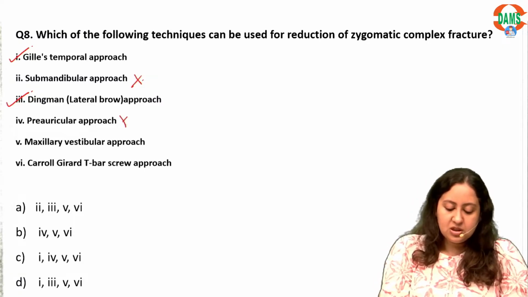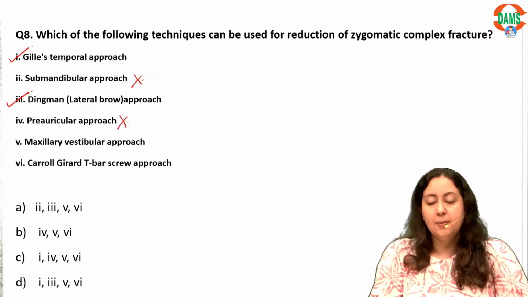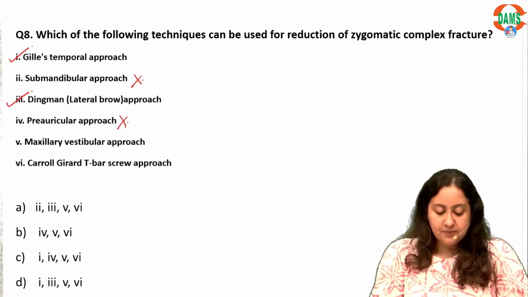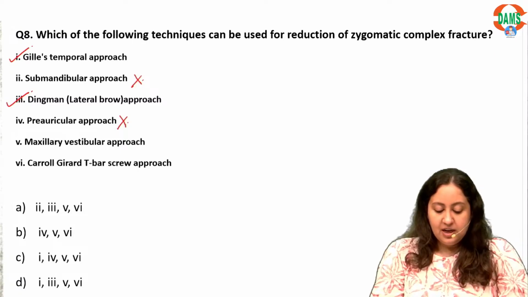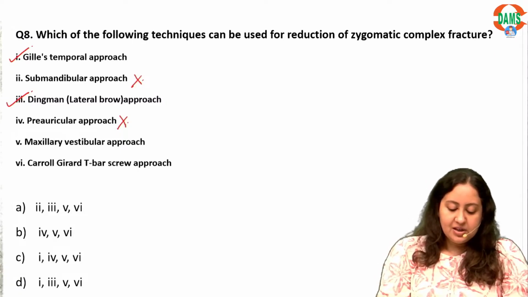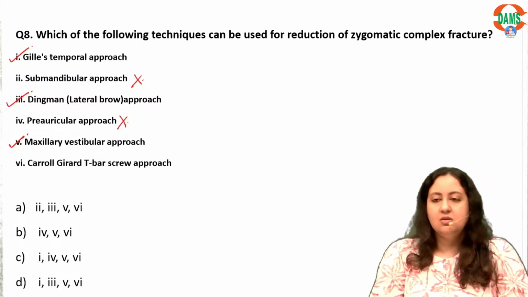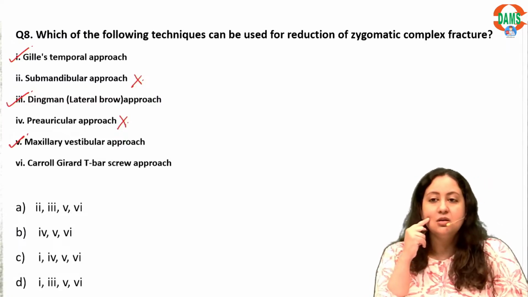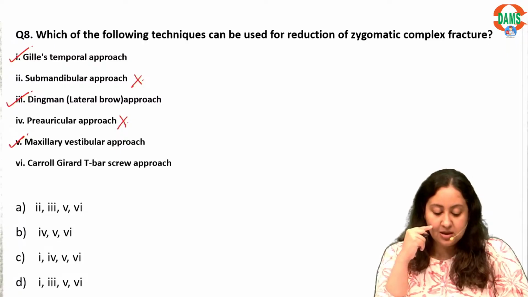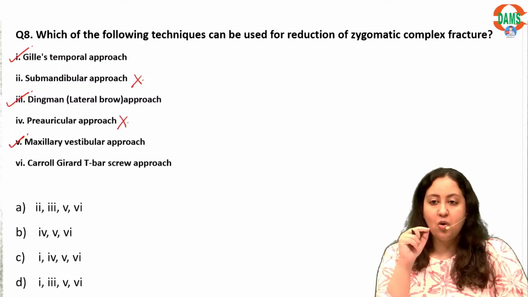Preauricular approach is for condylar fractures or TMJ surgeries. The next one, maxillary vestibular approach. Yes, this is used to access the zygomatico-maxillary buttress region intraorally.